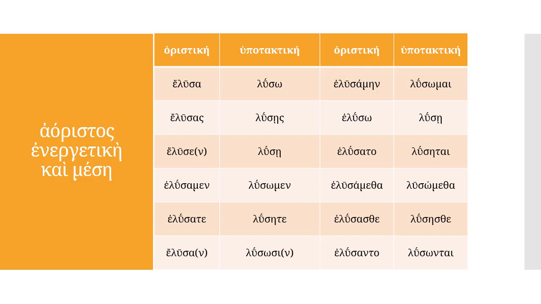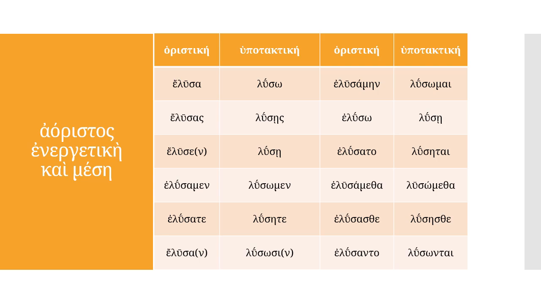Now we come to the aoristos, the aorist. The aorist is marked by the sigma here because it is a sigmatic aorist. Luo becomes elusa. When we come to the hypotaktike, we lose the augment, we have the sigma, and then we have endings that are the same as the present endings we just saw. There is no alpha throughout this system.